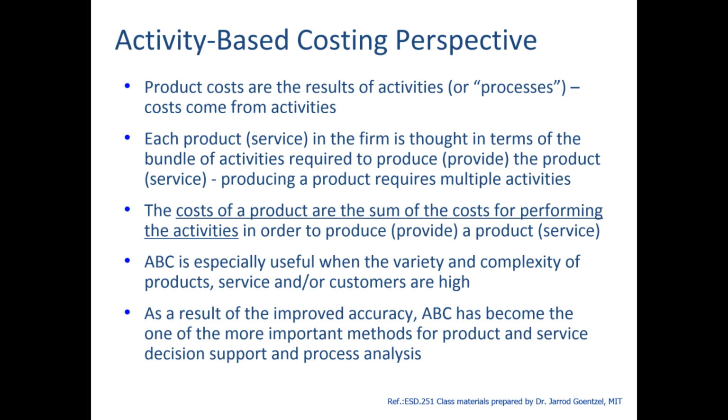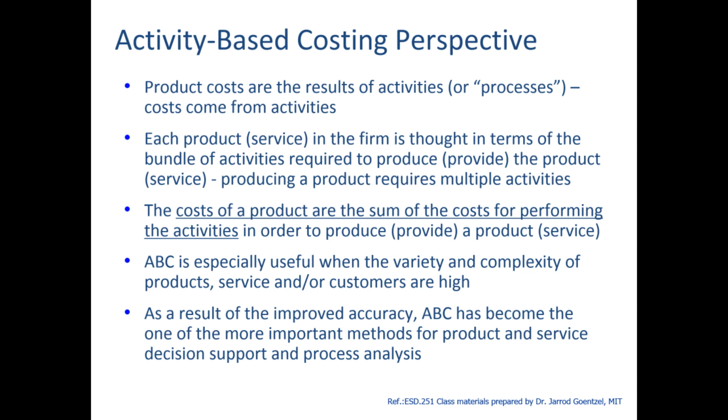Now, ABC is especially useful when there's a lot of variety and complexity associated with the production of products. This is the case because with ABC, one can identify costs coming from specific activities that offer a level of detail that the traditional methods of allocating them on the basis of labor hours or machine hours or volume just doesn't permit.